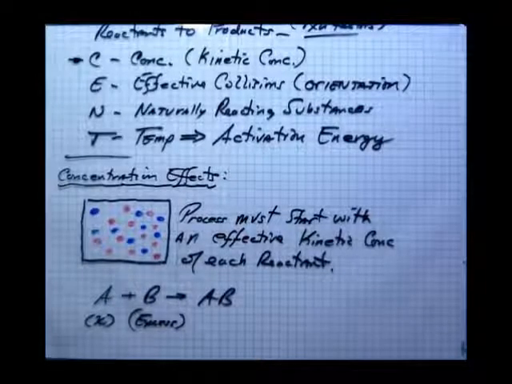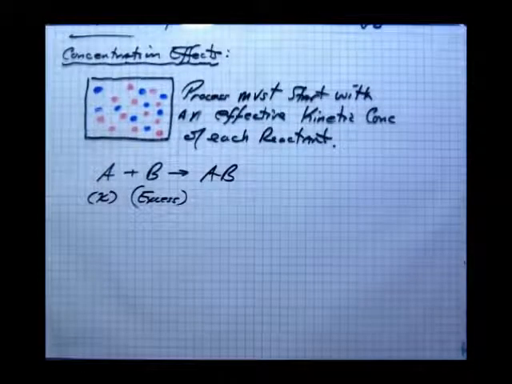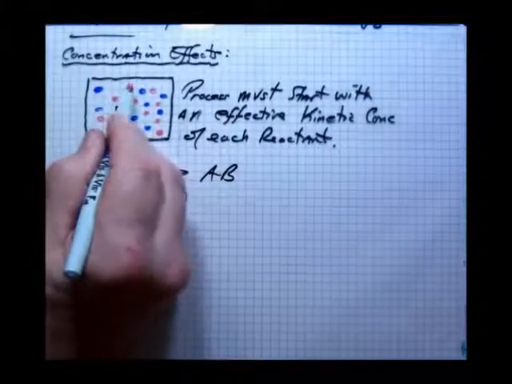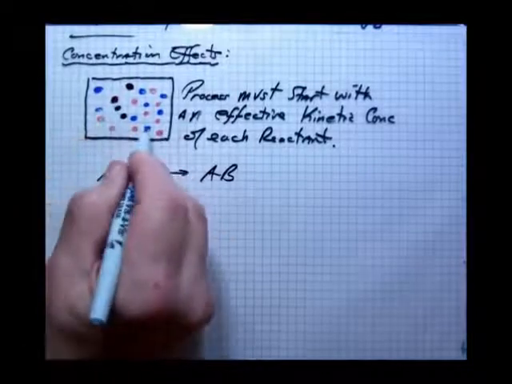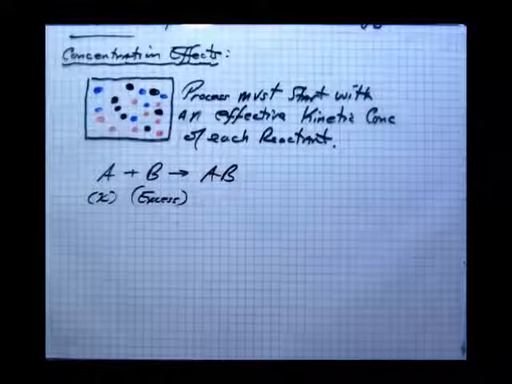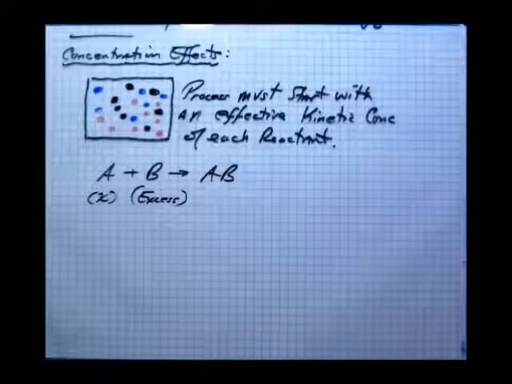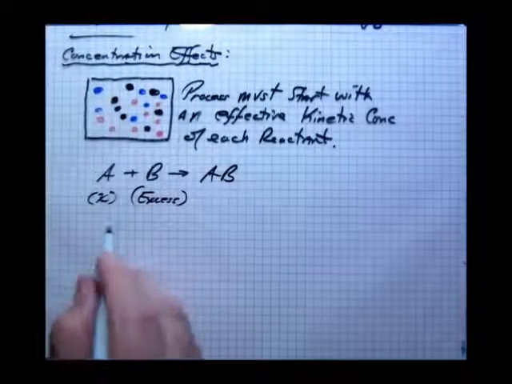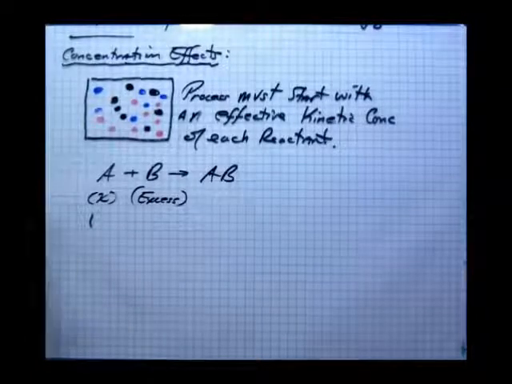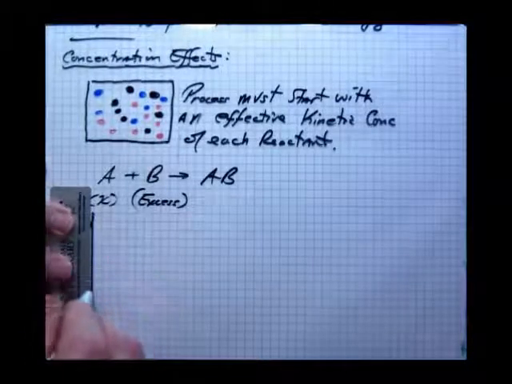Now, the outcome of this is that once the reactions start taking place, we start losing A and B, or our blue dots and our red dots start decreasing. So the concentration of reacting particles goes down, and this follows the kinetic trends that we've been talking about, and explains it in terms of the decay process.